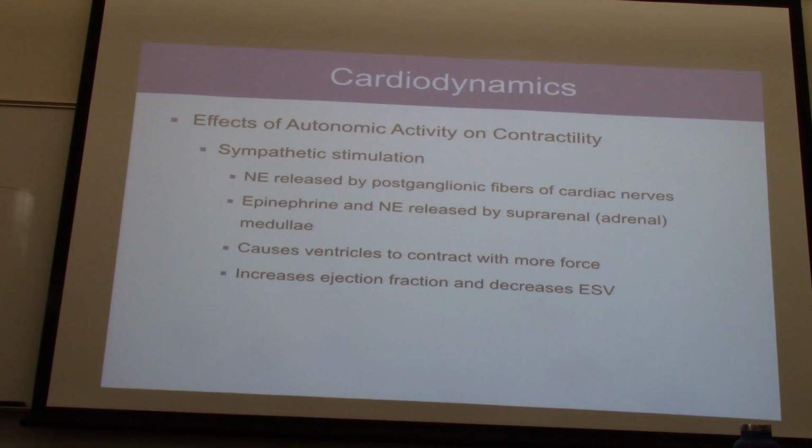So the actual contraction of the heart muscle is going to be stronger. If that happens, it's going to increase your ejection fraction. So instead of coming from here to there, you may go from here all the way down to here, because your muscle is stronger and it's pushing out more, and therefore increasing the ejection fraction, percent of blood that was in the heart that actually gets ejected with each heartbeat.